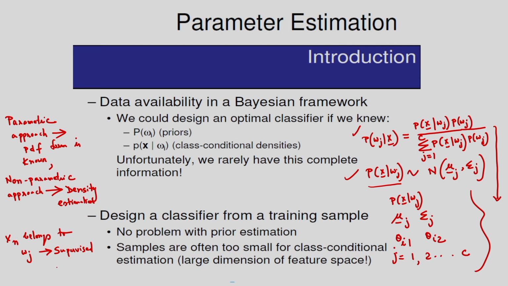For estimating the probability of Wj given x, that is the posterior probability, I need the prior probability of Wj, and also the probability of x given Wj, that is the class conditional density. I also need the number of classes. So we have C number of classes.